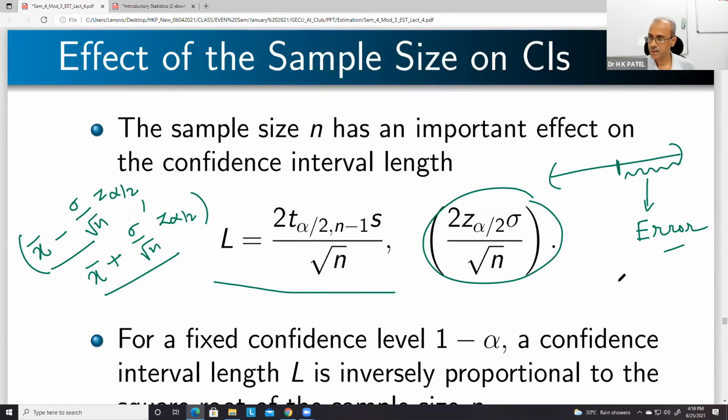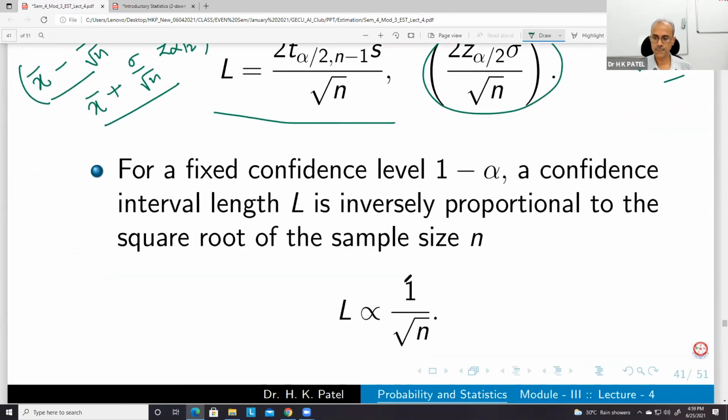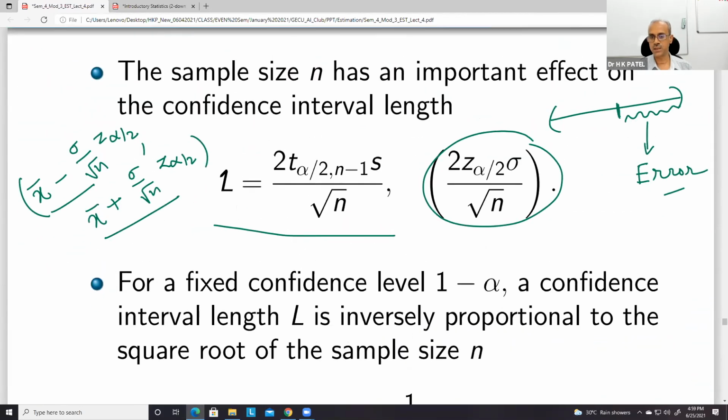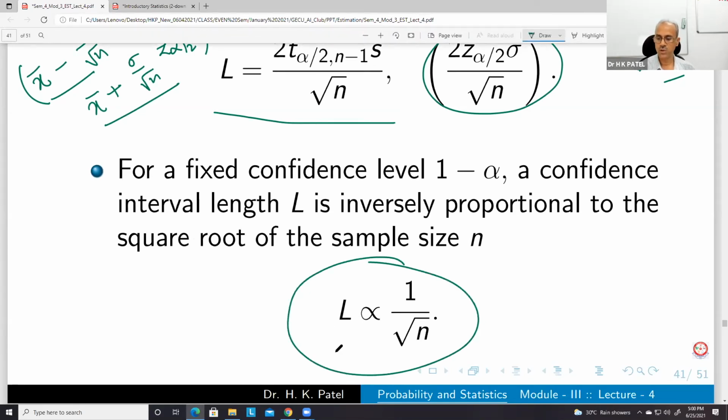So the error is half of the length of the interval, L by 2, that will be Z alpha by 2 sigma by root n. From this you can see that L is proportional to 1 by root n, or inversely proportional to root n.